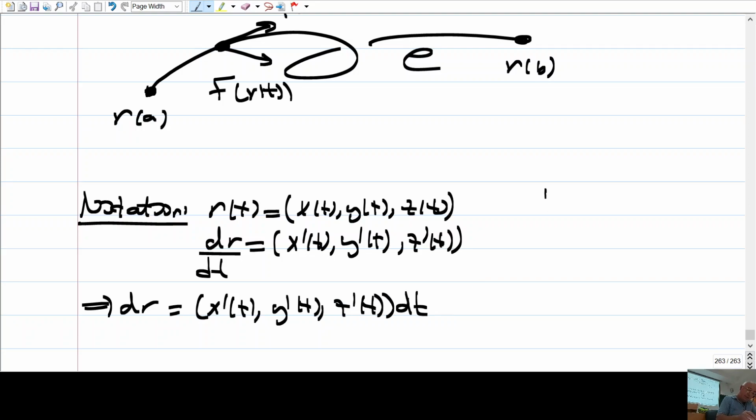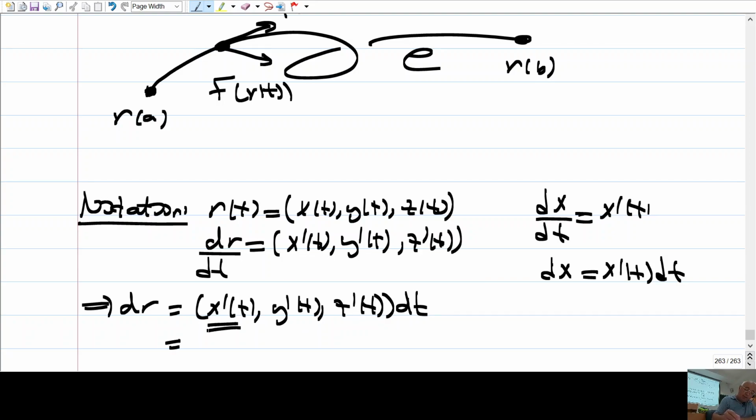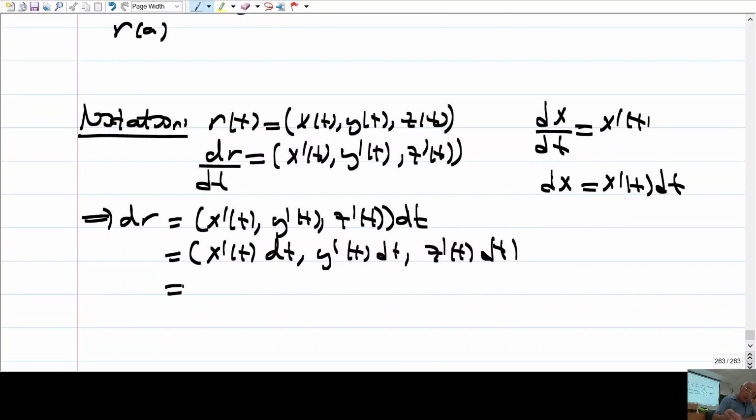But then you see dx/dt is also x prime(t), meaning that dx is just x prime(t) dt, and so on. So x prime(t) dt is dx, y prime(t) dt is dy, z prime(t) dt is dz.